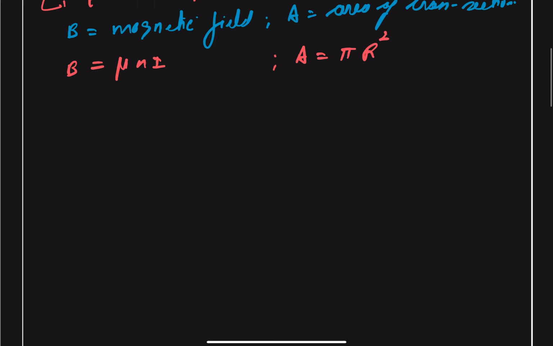In this case, mu is the permeability of free space, or rather we can say mu naught is the permeability of free space.